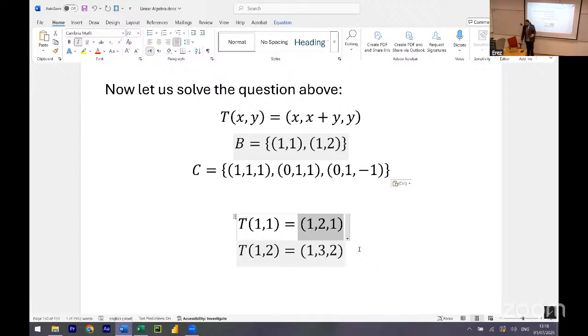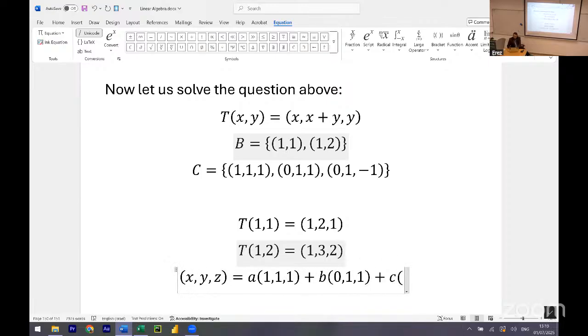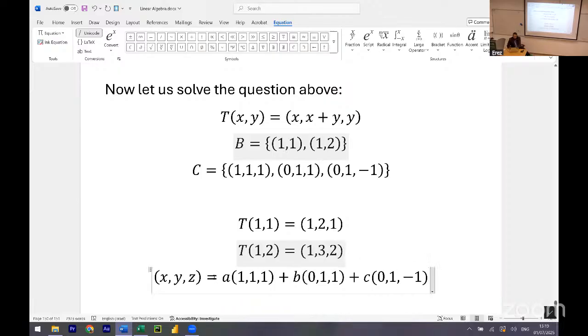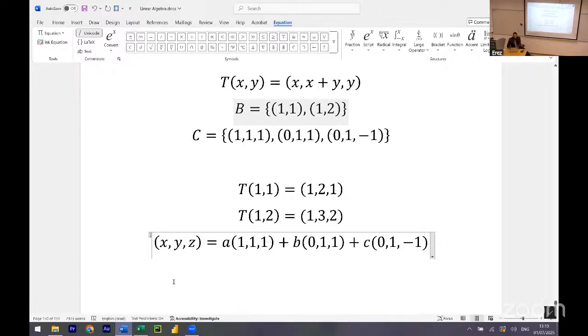But what we should do is solve this problem in general and get the general formula to find the coordinates. And what do I mean by that? Given any x, y, and z, we wish to find the coordinates such that a times (1, 1, 1) plus b times (0, 1, 1) plus c times (0, 1, -1) will be (x, y, z). We want to solve it in general, okay?